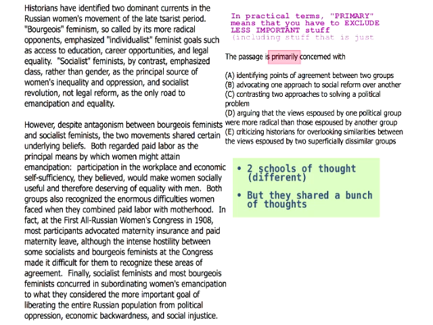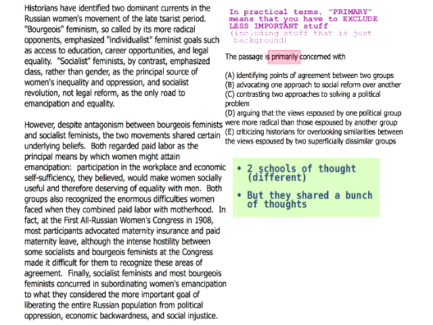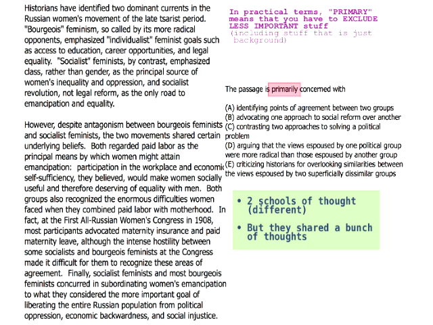Okay, so there's some human understanding that goes into this, but there's three ways to figure out what is primary. Number one, common sense.